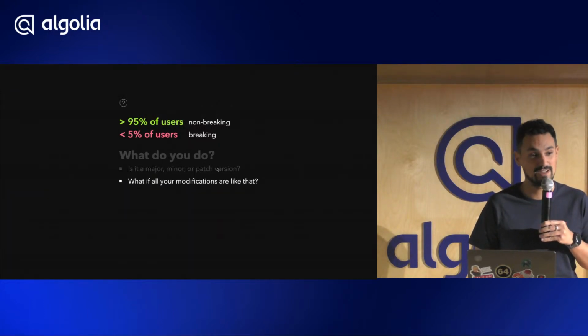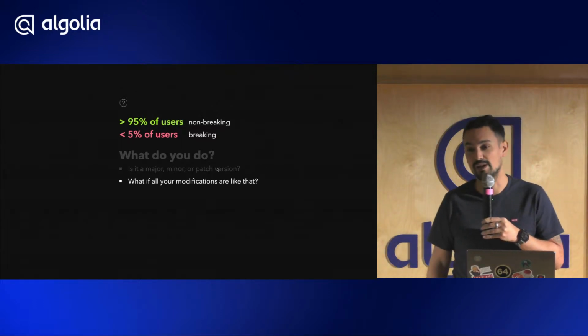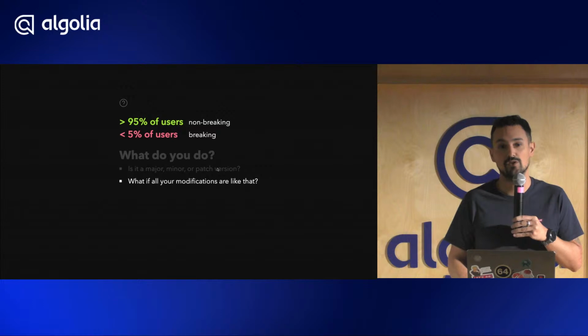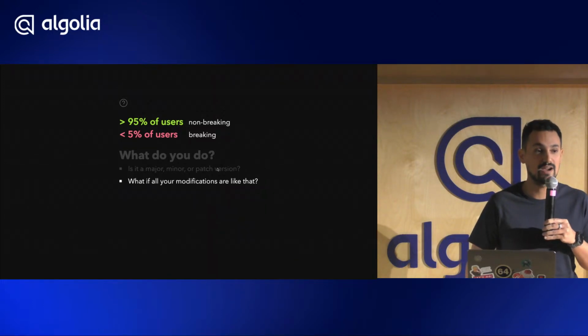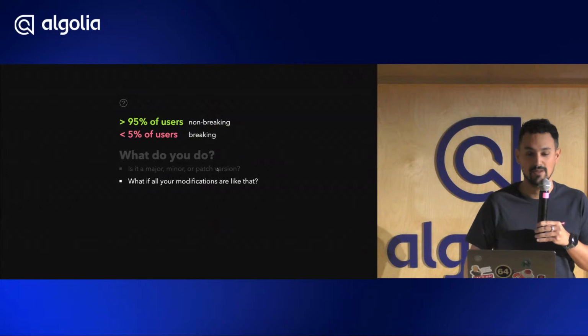So that's tricky. But what if all your modifications in your library, in your framework are like that? Because that's the case in Bootstrap. Every time you're changing some Sass variables, some custom properties, some CSS rules over there, it's going to break something for someone at some point.